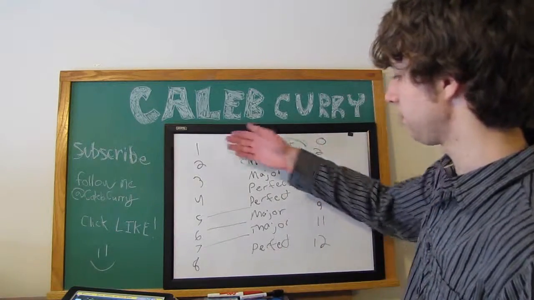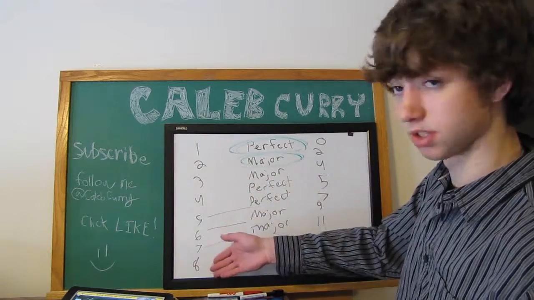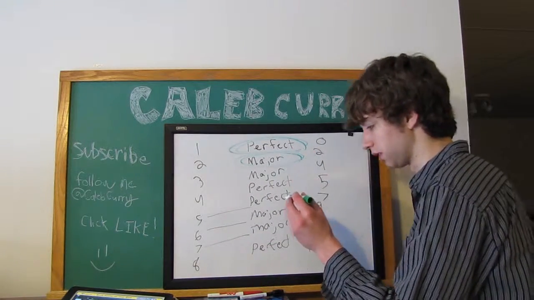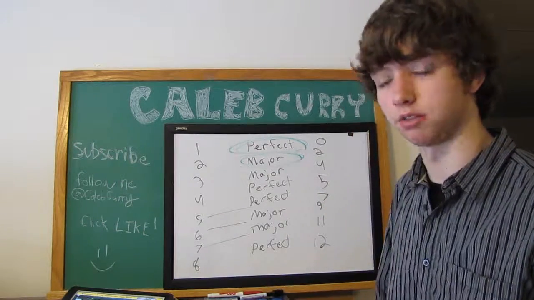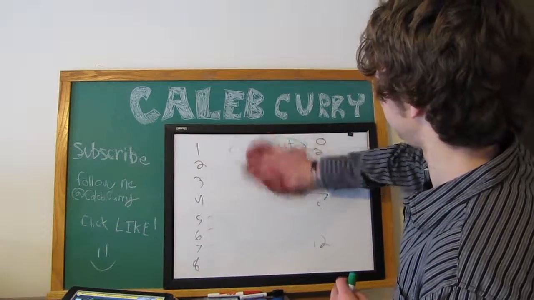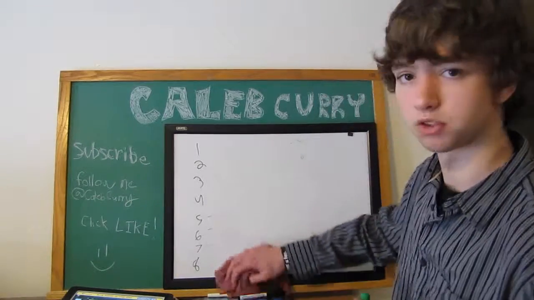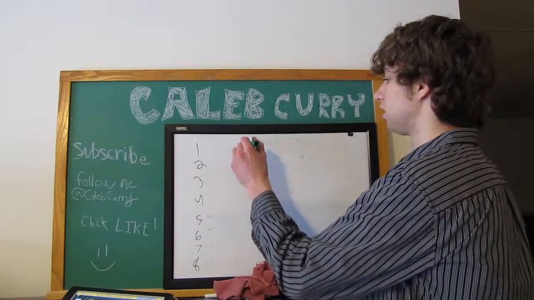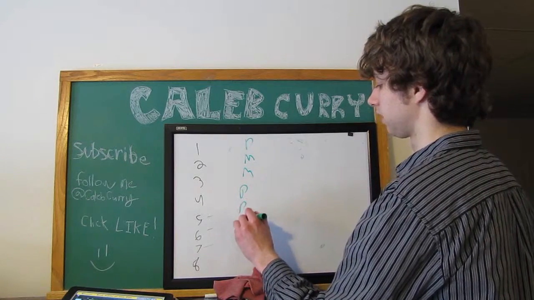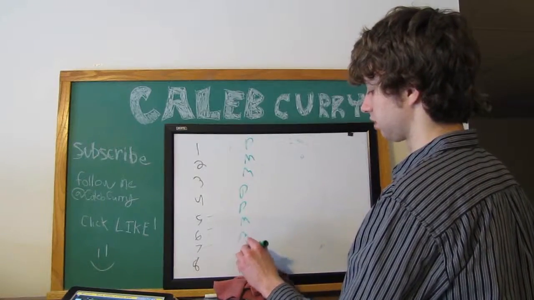So if you notice the pattern, 1, 2, 3, 4, it goes down to 8. We have perfect, major, major, perfect, perfect, major, major, perfect. That's how I can always remember it. So if I need to recreate this, I set my numbers 1 to 8, and then I go perfect, major, major, perfect, perfect, major, major, perfect.